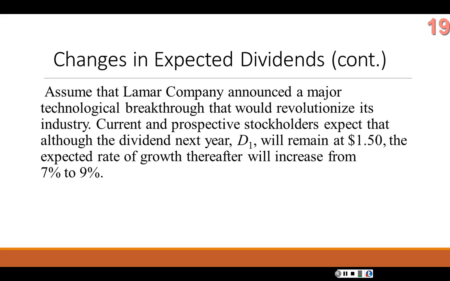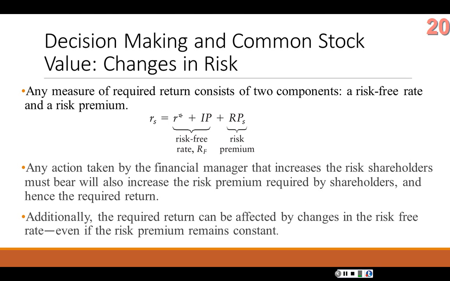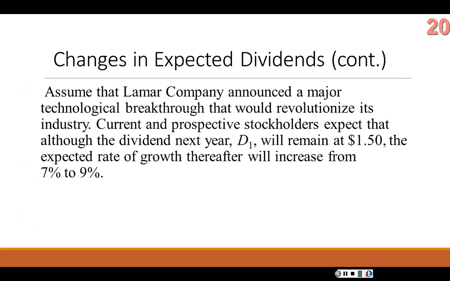So let's assume that Lamar Company announced a major technological breakthrough. This is going to cause next year's dividend to be $1.50, and the growth rate is going to increase from 7% to 9%. And we'll assume that the required return is 15%.